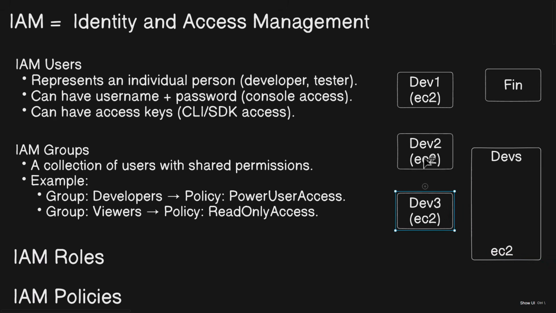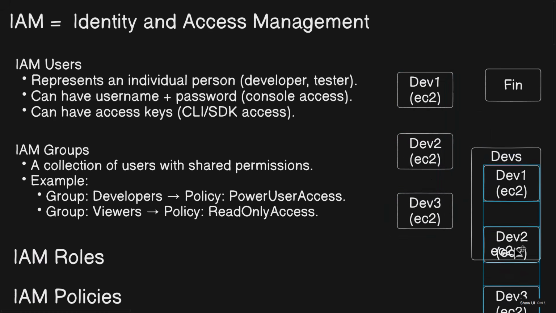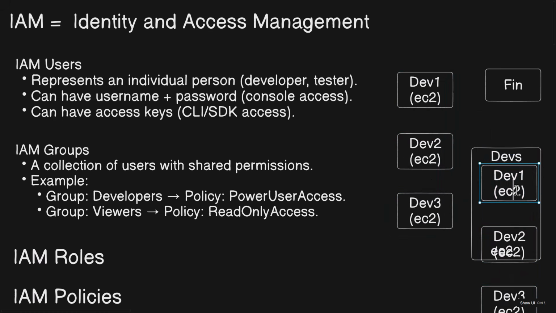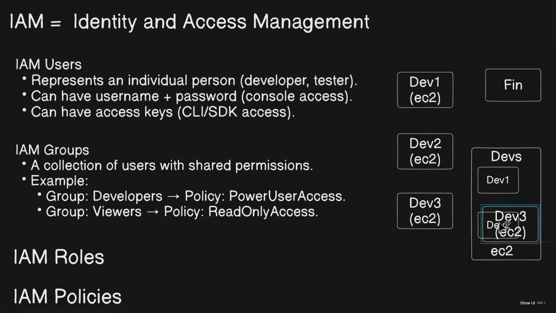And what I will do is add all the users to this particular group. Individual users won't have the permissions defined in them. So I'll just get rid of EC2 over here, and instead of defining it individually, I would just drop them inside this group. So now they don't have policies assigned to them individually.